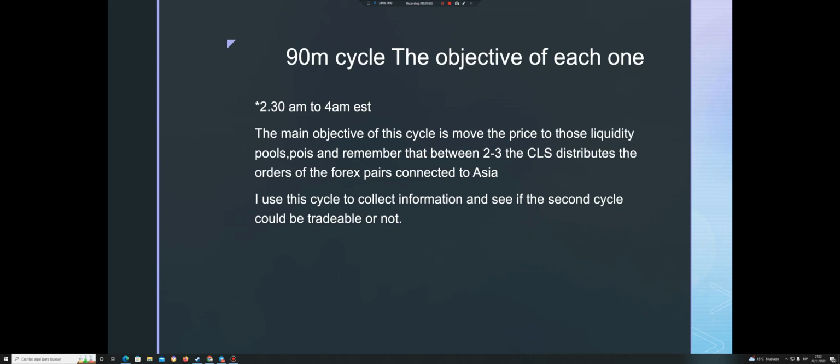Because like I said, between 2:30 and 4 you won't see, maybe sometimes, but not most of the time, a lot of volatility, because CLS is focusing on those Asian forex pairs.